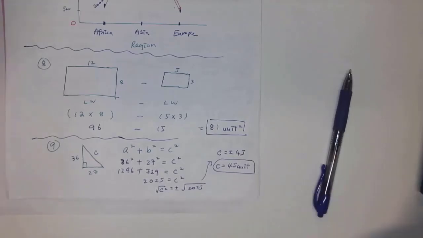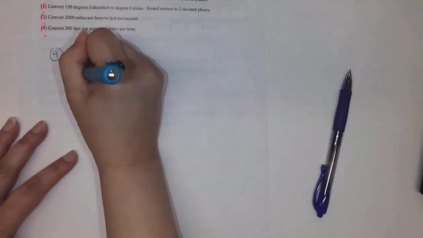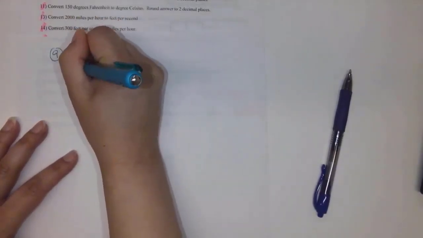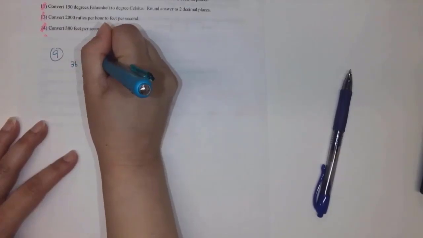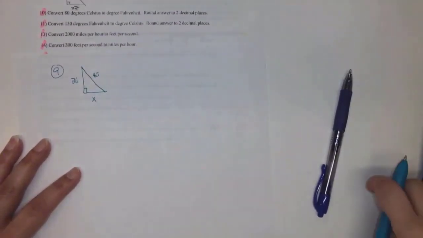If I give you a different question that needs you to find the b, and I have 36 here and 45 here, and I need to find this, then what would I do?